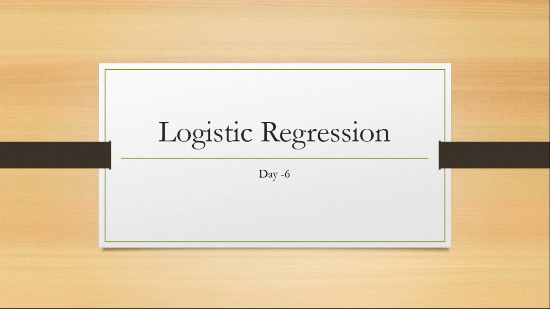Also, suppose I have a linear line which goes from down to up, and this is the threshold line. I can say that anything above this line can be taken as a yes, and anything below this can be taken as a no. I can make such a linear line, but that won't suit all situations. That's why we come up with logistic regression, where I can have a steep rise.